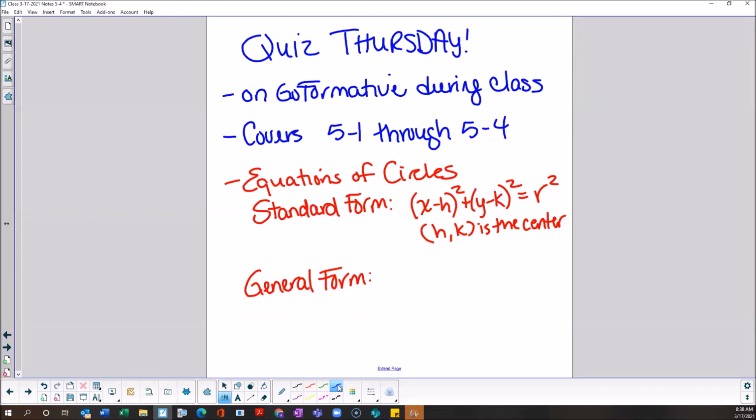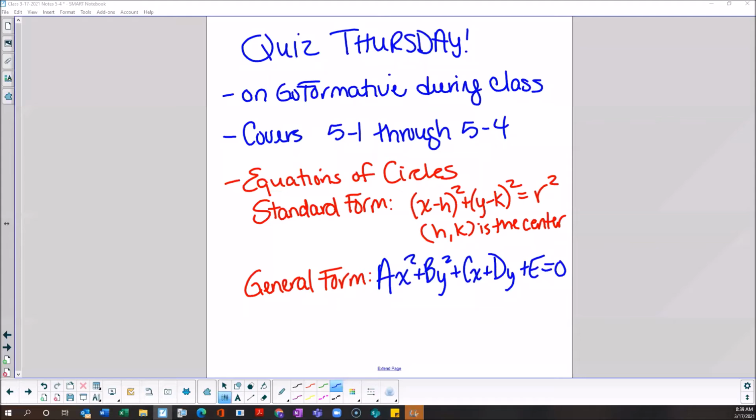Look at your formula. You want to get your notes out? That would be helpful, right? So you should have it at the top of your page because you want to make sure you know what the heck it means come test day, right? Or quiz day. Okay, so that's the general form of the circle.